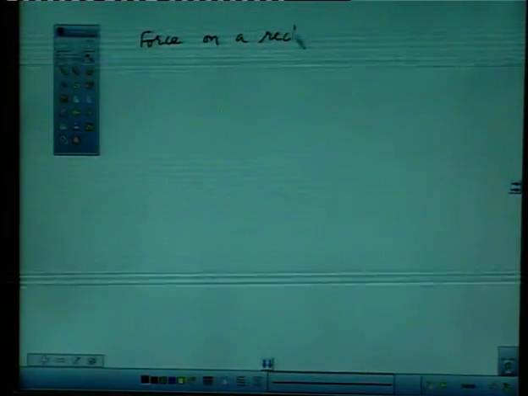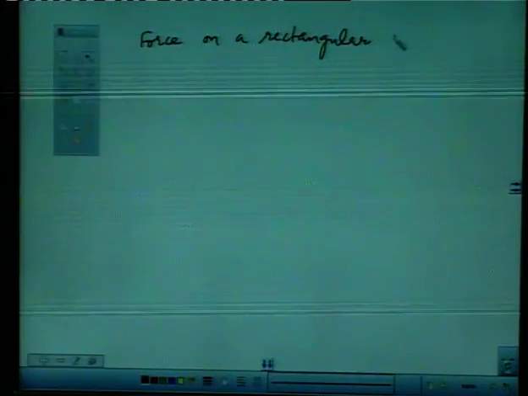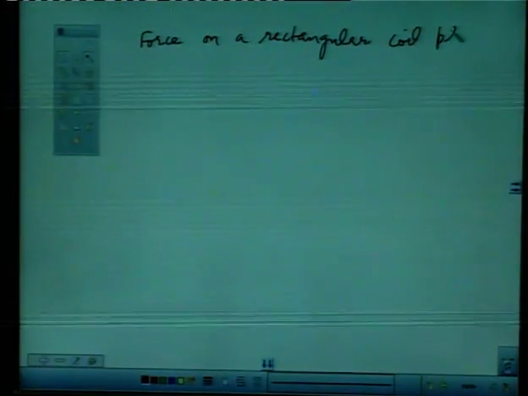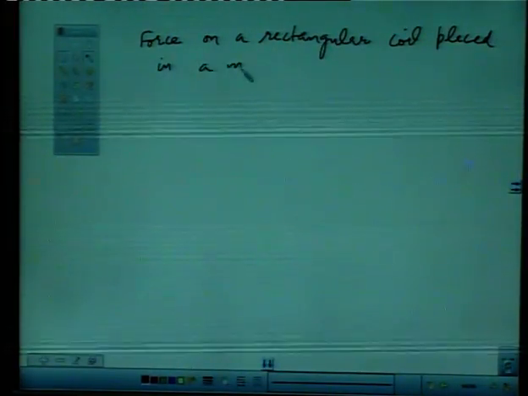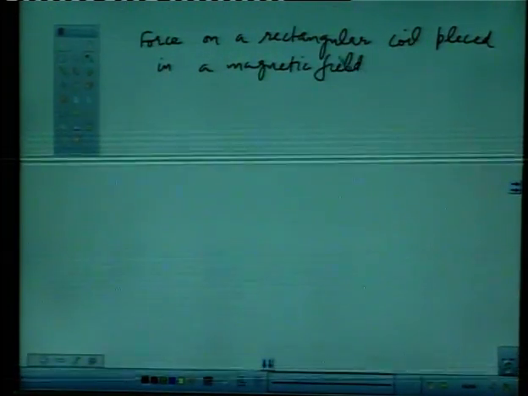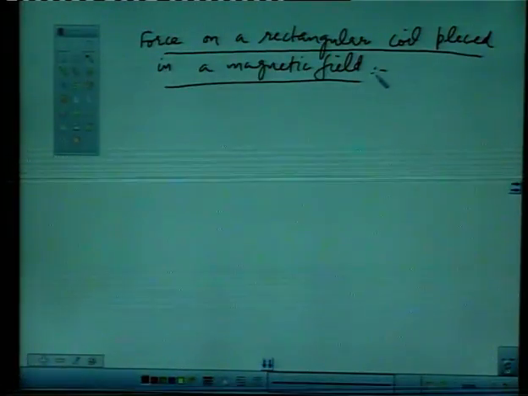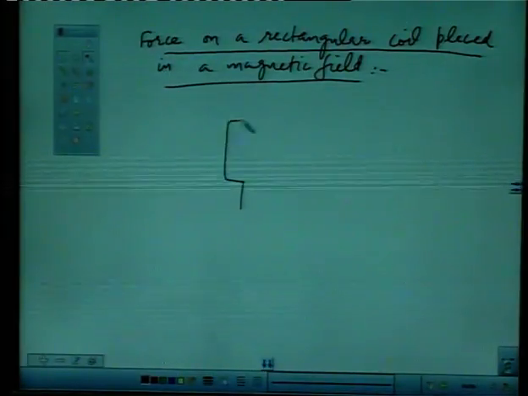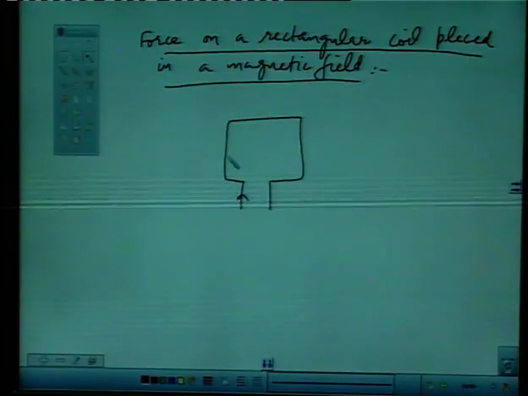Now we talk about force on a rectangular coil placed in a magnetic field. Suppose we have a rectangular coil and the current I is flowing.